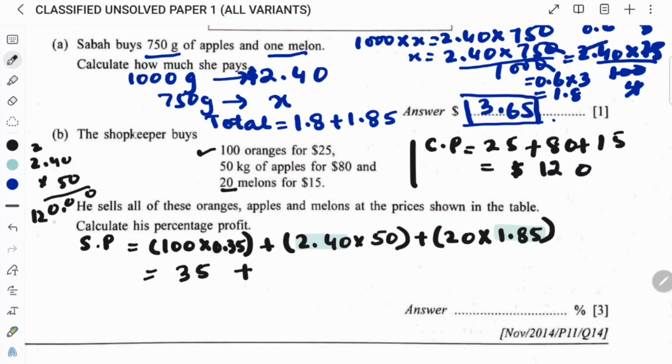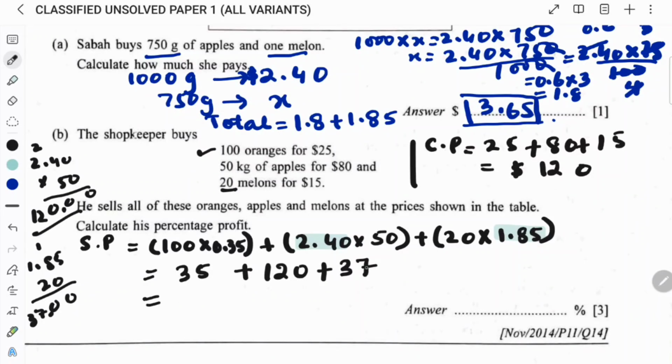With 2 decimal places, it is 120. 20 times 1.85. 1.85 times 20. 0, 2 5s are 10, 2 8s are 16, and 17, 2 1s are 2, and then it is 3. With 2 decimal places, 37 plus 37. Add all of them together. 7 8 9 10 11 12. I'm doing it directly. 3 4 5 6 7 8 9.